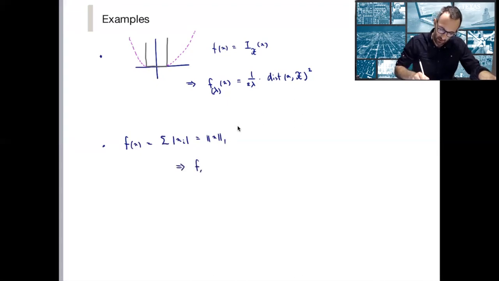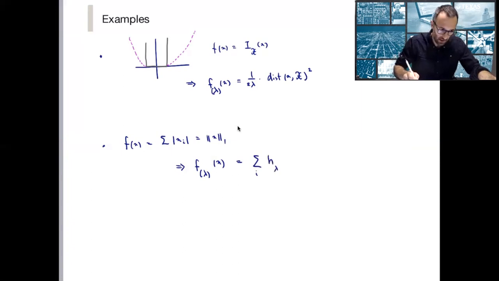The smoothing of the 1 norm is equal to the sum of, not absolute values, but the individual smooth terms, and it's something that is called the Huber function, or the Huber penalty sometimes. Very useful in machine learning, and in particular in robust statistics. So this is equal to, I'll write these definitions in a minute.